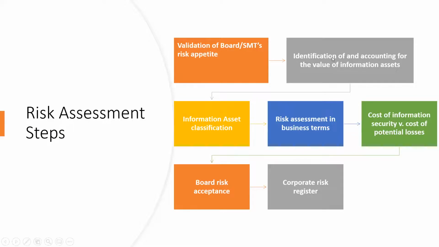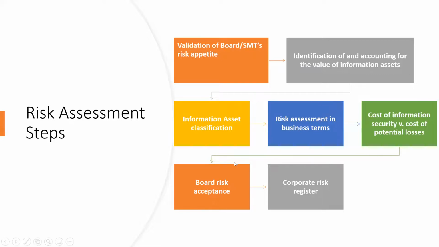We then identify and account for the value of our information assets. We classify these information assets based on their value to the business, and conduct a risk assessment in business terms. We take a look at the cost of information security controls to mitigate the risk to these information assets versus the cost of potential losses if the risk were to materialize.